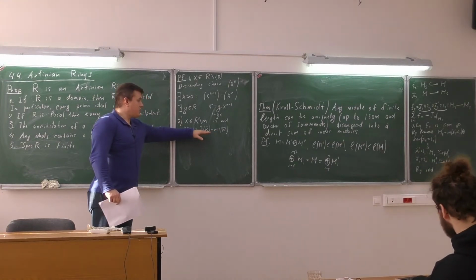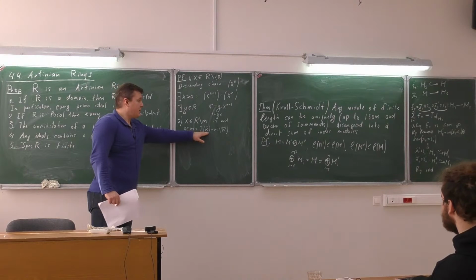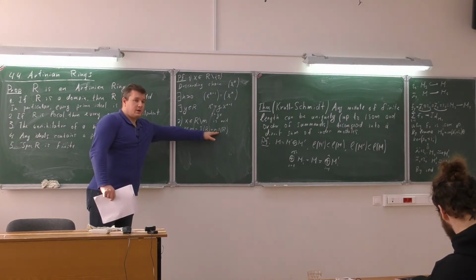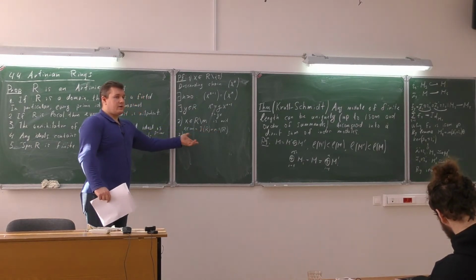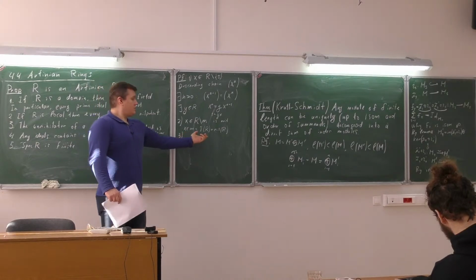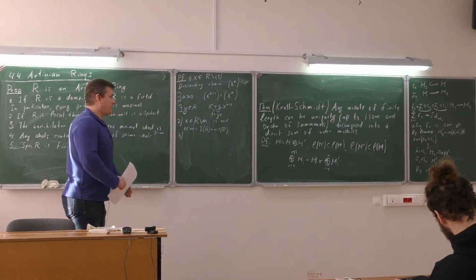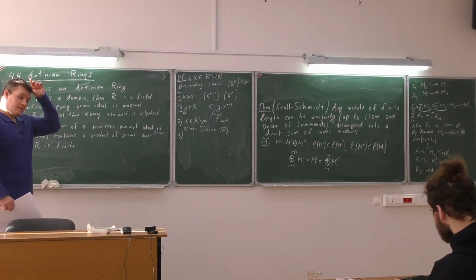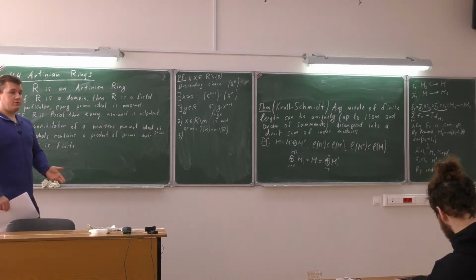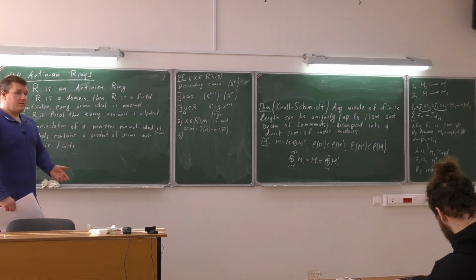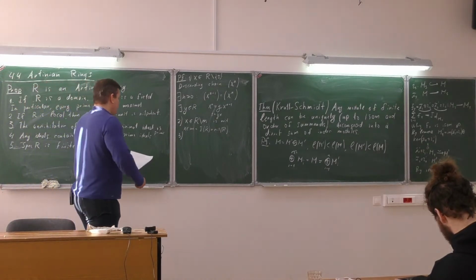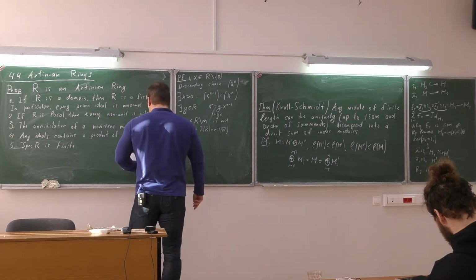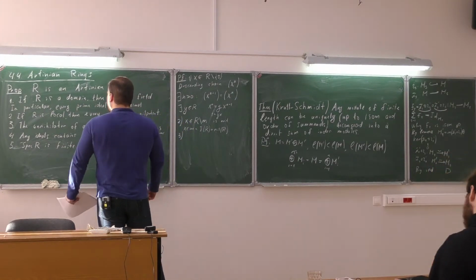This intersection in general is the intersection of all maximal ideals, and the intersection of all prime ideals. And since being maximal and prime in an Artinian ring is the same thing, these are just the same two intersections. And then I use the statement that the nilradical is also the same thing as all nilpotent elements in the ring. Okay.